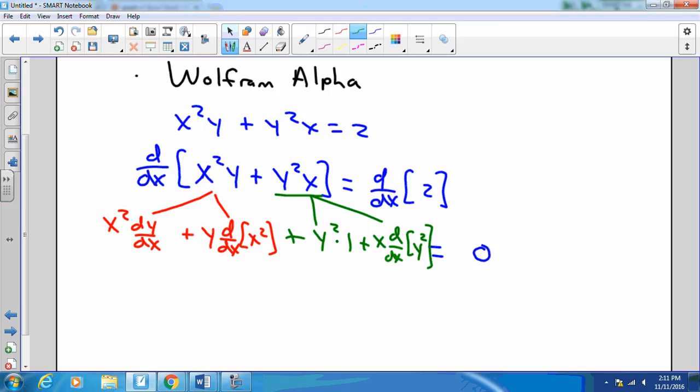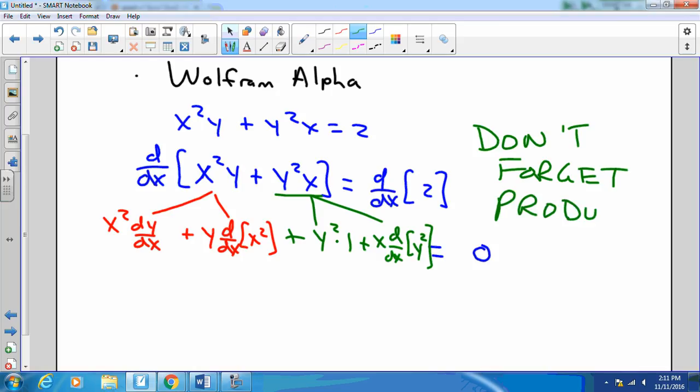So I had to be careful about the product rule. I'm just going to shout right here: don't forget the product rule. Very common thing that happens.